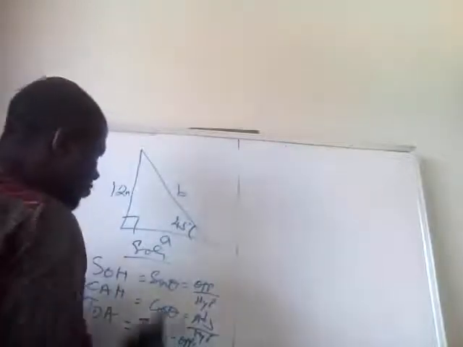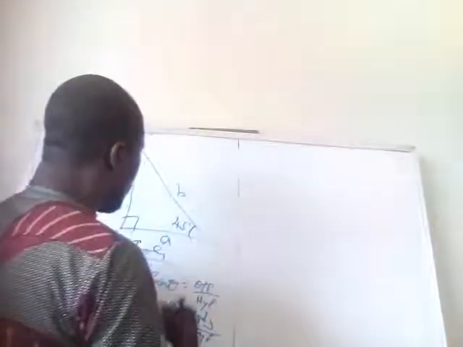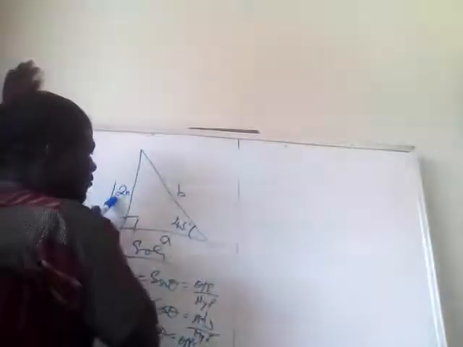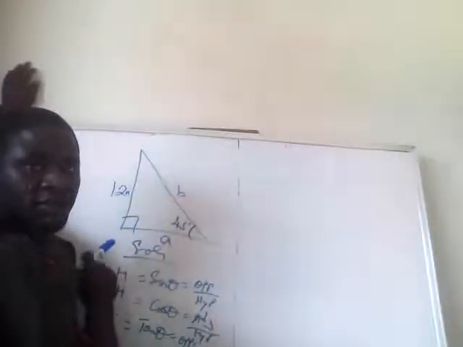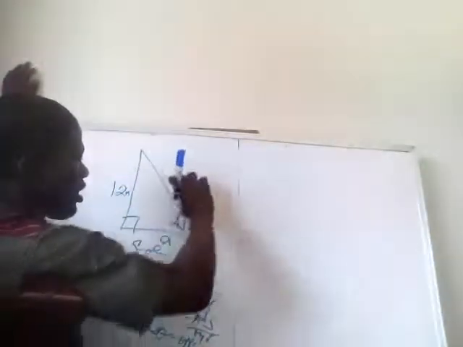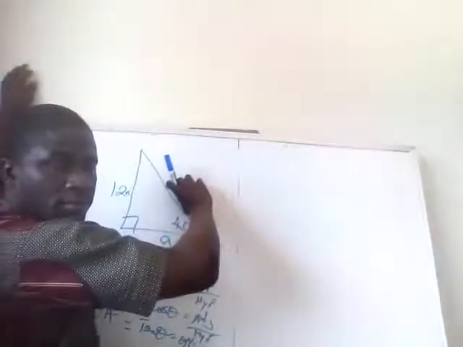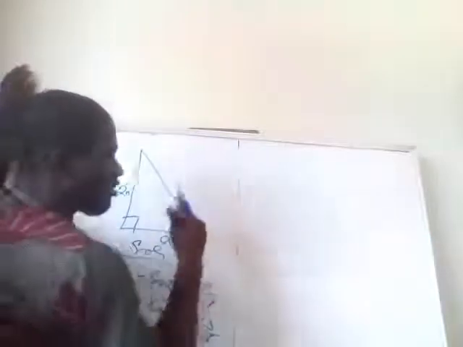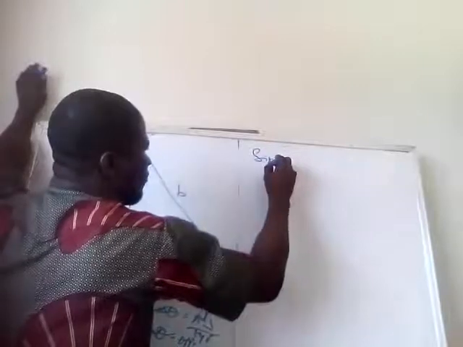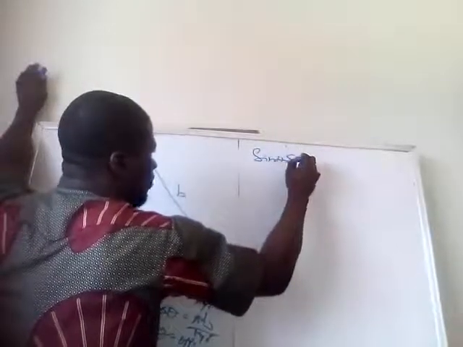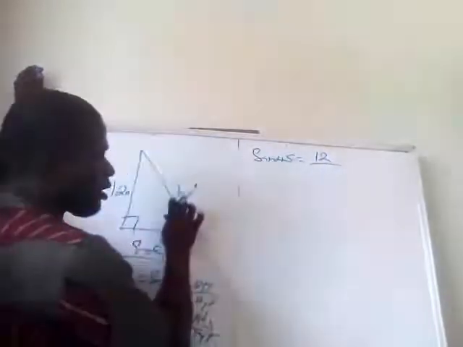So from here now, from the right angle triangle we were given, 12 meters is opposite to 45 degrees. So if we want to solve for B first, you will have sine 45 degrees is equal to 12 over hypotenuse.